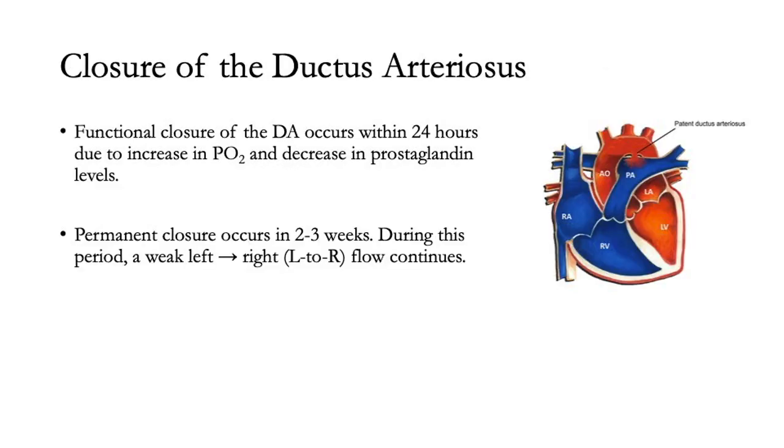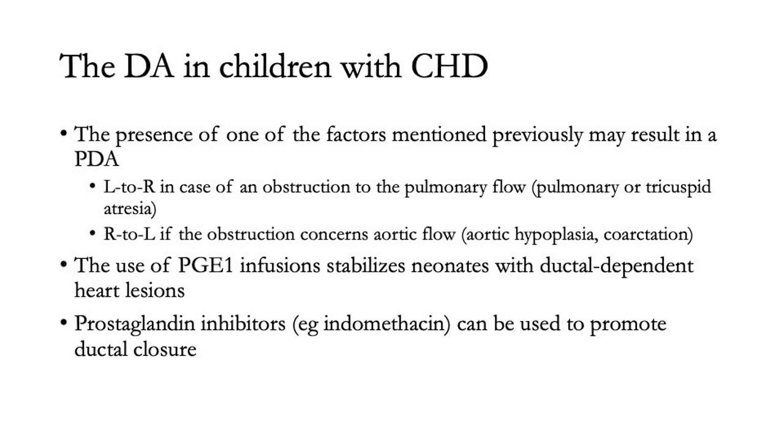Functional closure of the ductus arteriosus occurs within 24 hours due to increase in oxygenation and decrease in prostaglandin levels. Permanent closure occurs in 2 to 3 weeks. During this period, weak left-to-right flow continues. If the ductus arteriosus remains open, this leads to a shunt, whose direction depends on the ratio between systemic and pulmonary pressures.